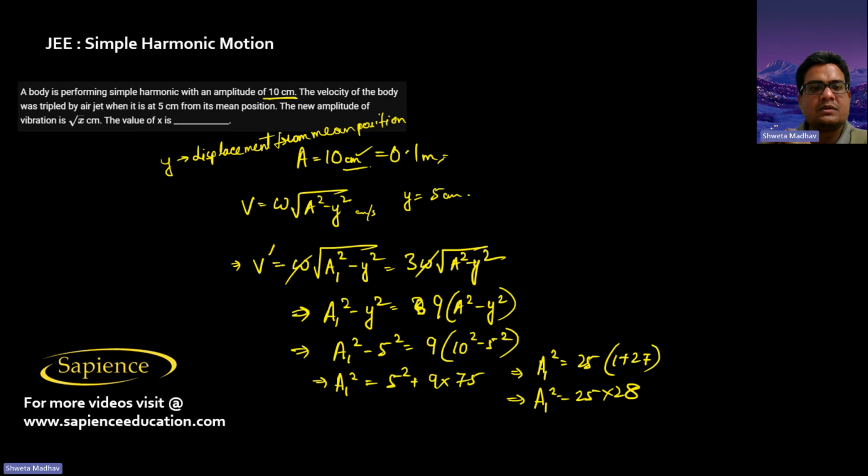Density of the body is tripled when it is at 5 centimeter.